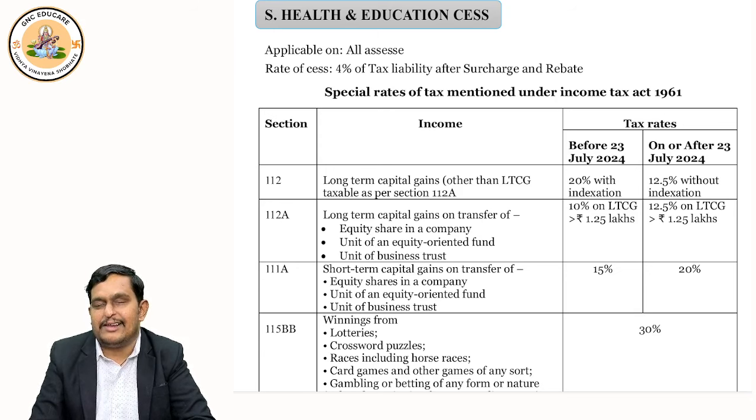So government increases the tax rates. And government doesn't want to encourage short-term trading. Right? You feel that I'll invest today something and I'll become rich tomorrow. If you want to deal in short term, government is interested to discourage you. And that's why on 111A section, short-term capital gain, the tax rate was 15. They heavily increased it to 20%.